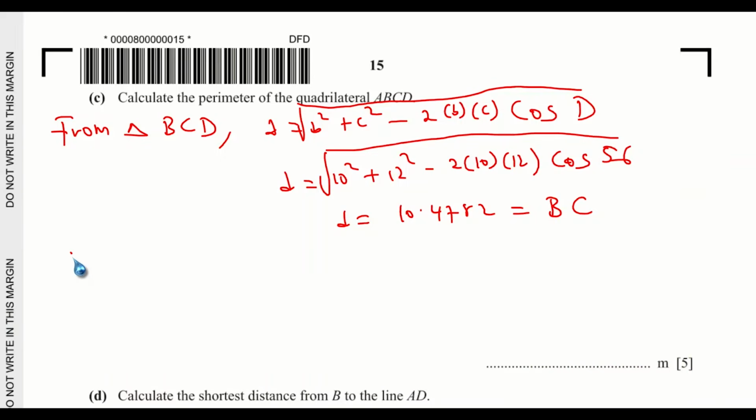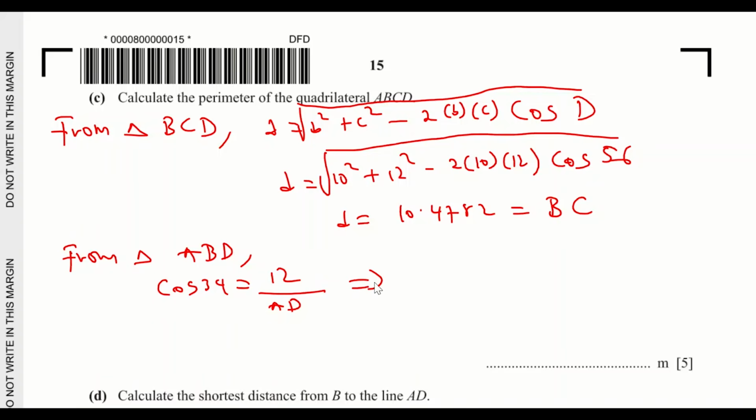So we can just say from triangle ABD, cos 34 is equal to adjacent, which is 12, over the hypotenuse, which is line AD.